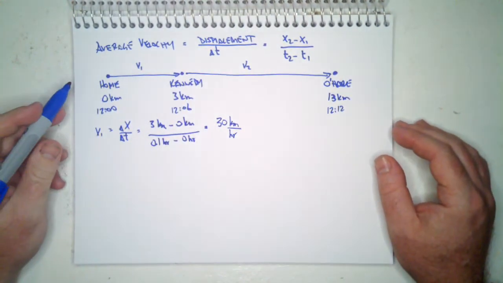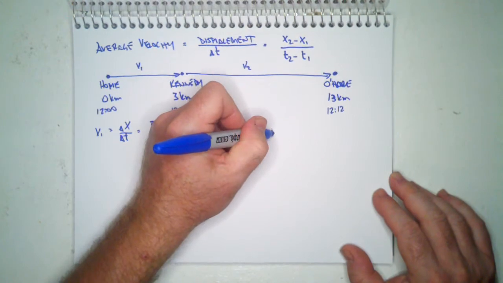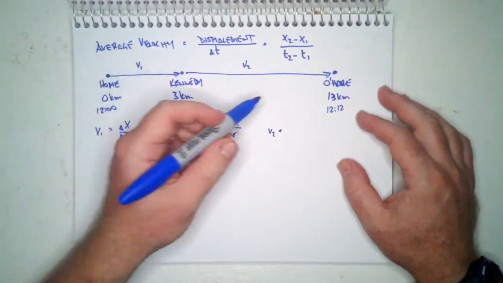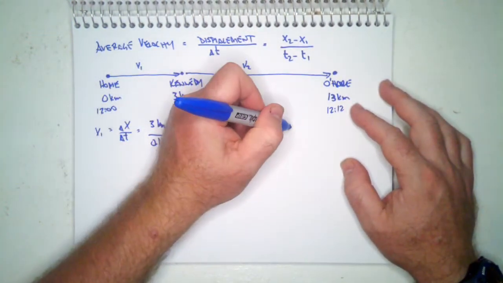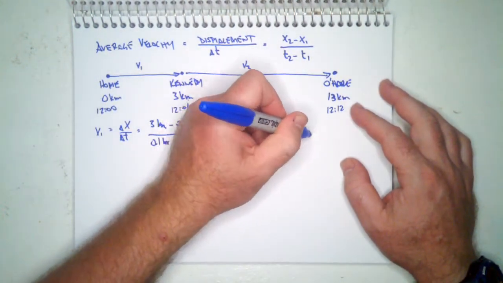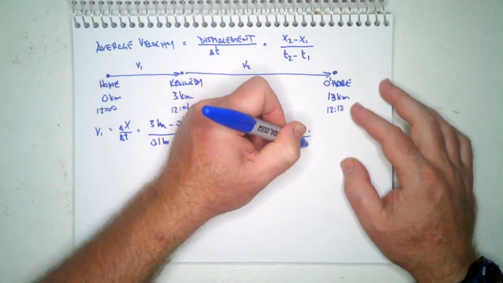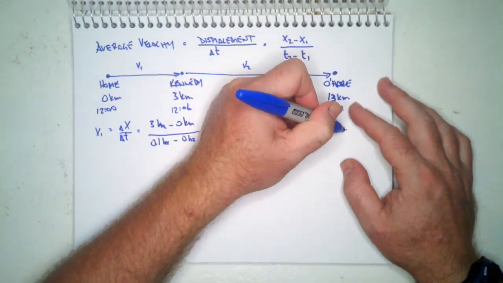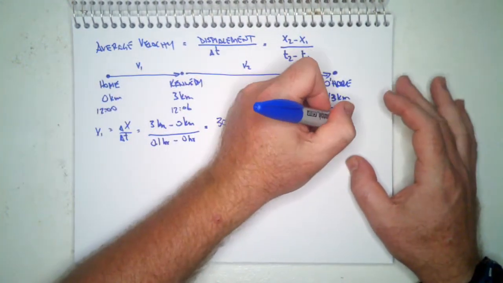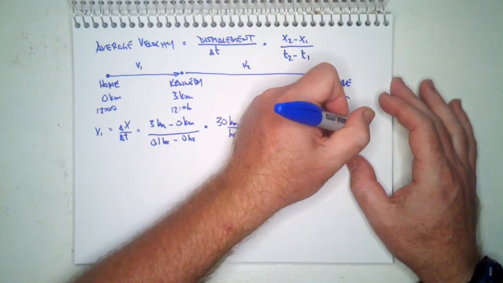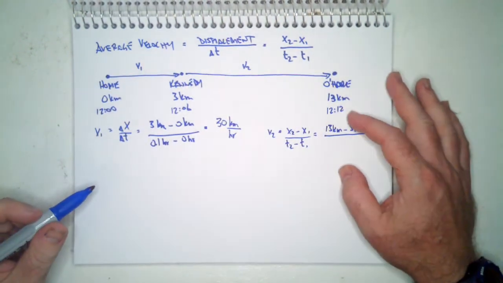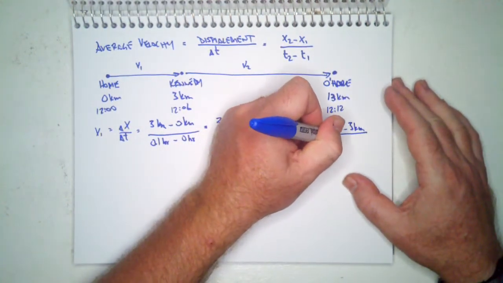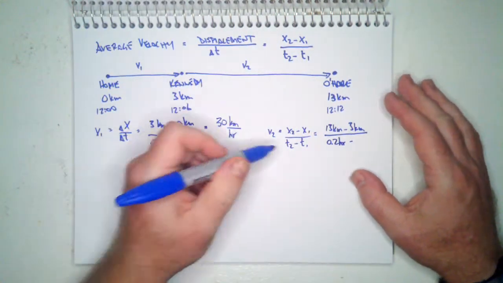Now we can do the same thing with v2. However, our numbers are a little bit different. We ended up at x2 minus x1 over t2 minus t1. We ended up at 13 kilometers away, and we started 3 kilometers away. And we got here after 2/10 of an hour, and we're starting at 1/10.